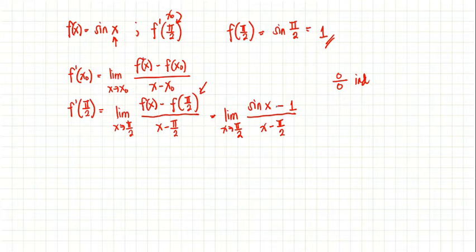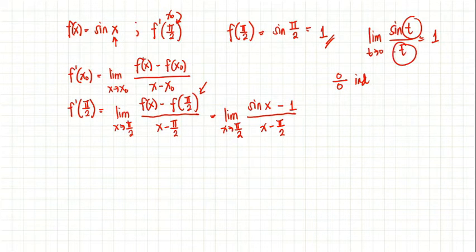Take note that the special limit for sine is given by the limit of sine t over t as t approaches 0 is equal to 1. Magagamit lang natin to if we have sine t here, whatever your argument, if we have t, the denominator should also be equal to t. Now, in this case, we have sine x, but in our denominator, this is not just x, we have x minus pi over 2.